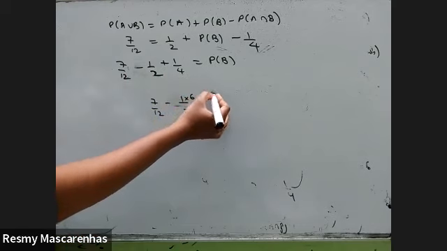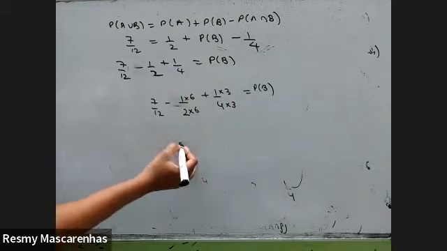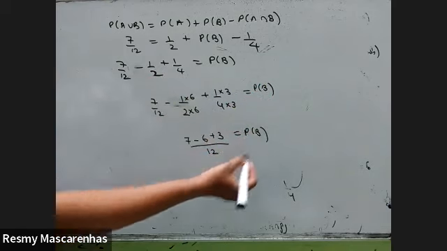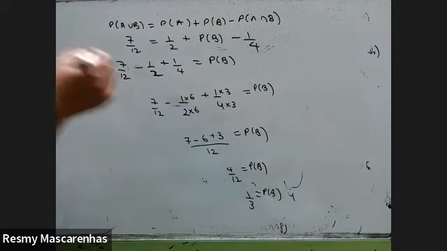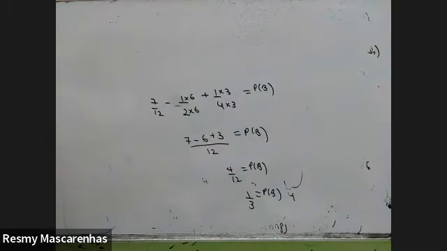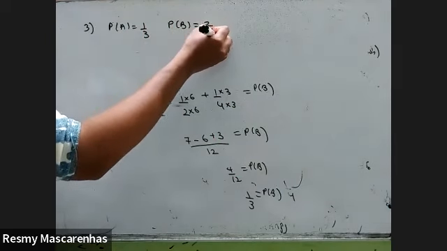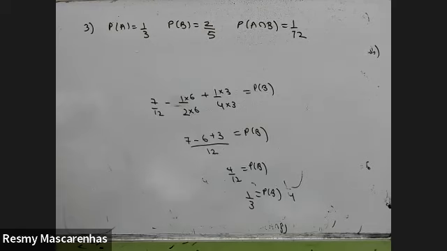So this, every weight is 12 now. One by 3. Third one. Fine.